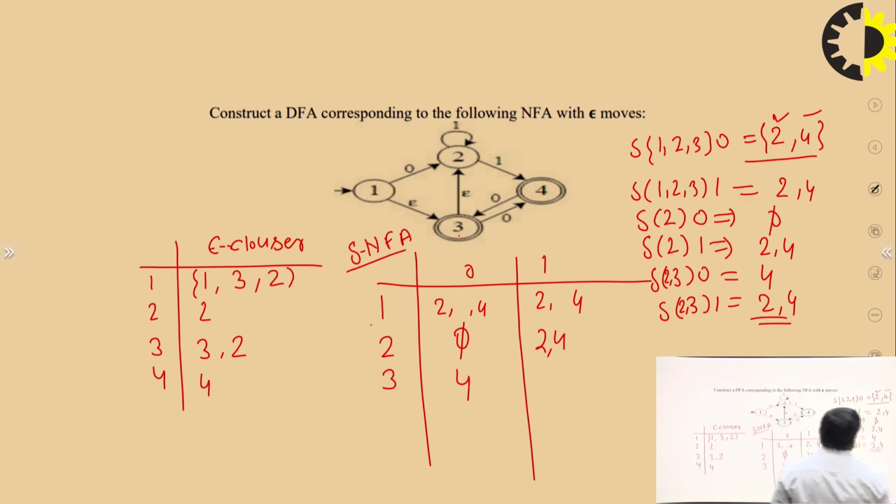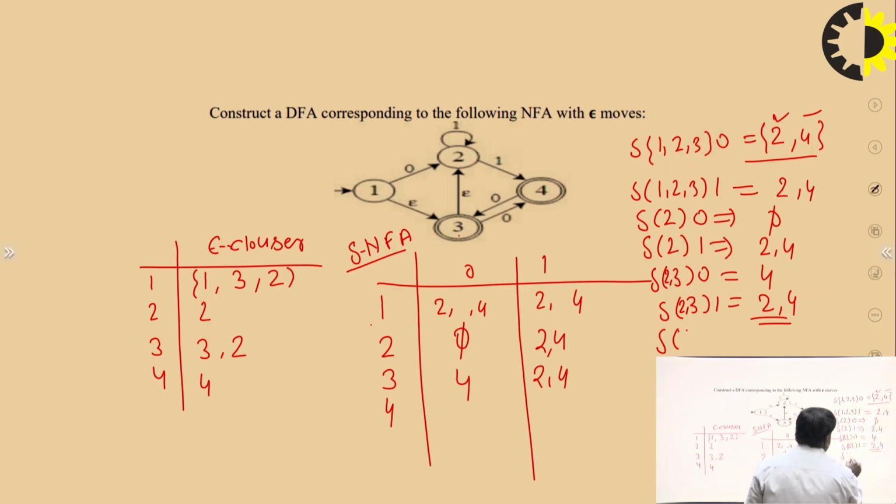Now the closure of 2 and 4 is 2 and 4, and similarly the closure of 4 is again 4.